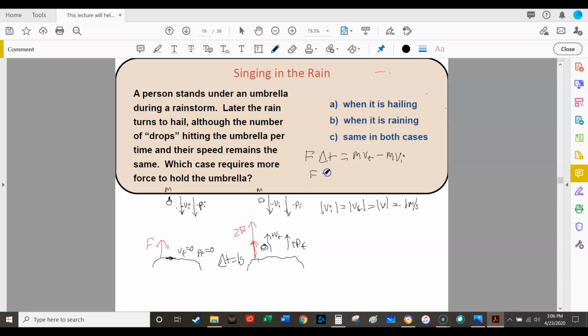So basically, to do this, I've got to divide the change in momentum of both objects by the time of the impact. Okay? So let's do the raindrop first. The raindrop has an mv final, and that is 0, and the mv initial there. And the time of impact is going to be 1 second, right?